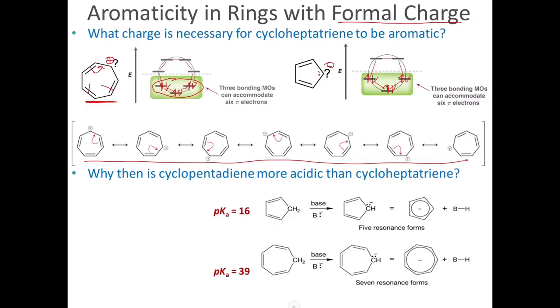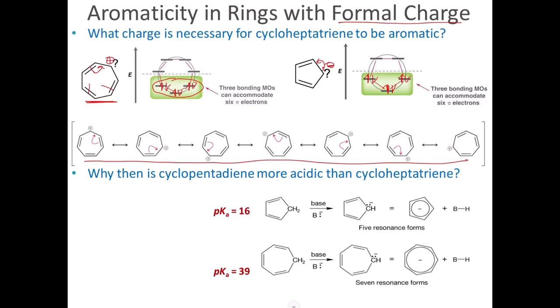And once we give it that negative charge, we can draw 5 resonance structures, because what we can do is take these lone pairs and move them there, and then do that continuously and end up with 5 resonance structures. Okay?